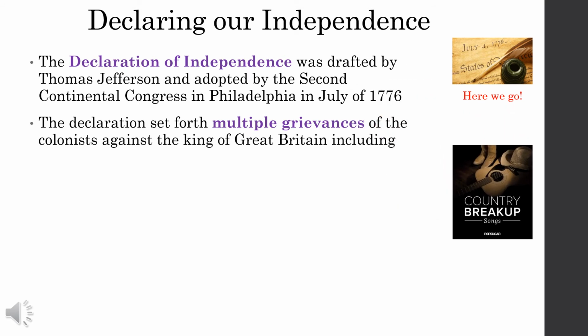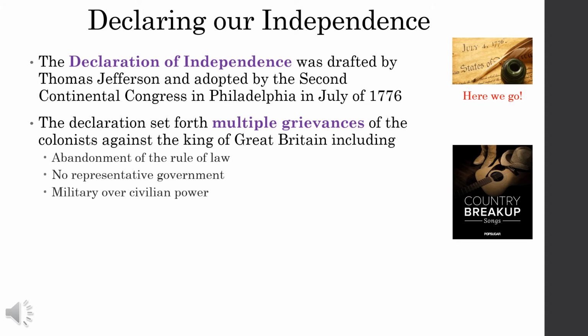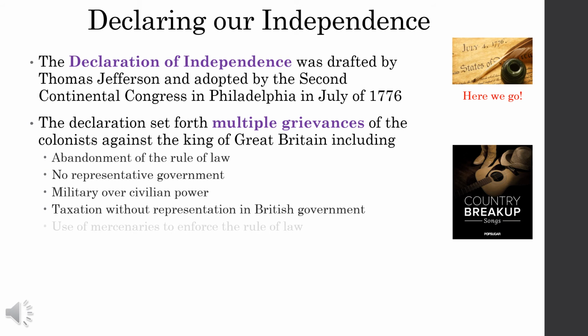Here's what you done did to me, King of Great Britain. You abandoned the rule of law. There's no representative government. The military is taking over the civilian power. We have taxation without representation in British government. You won't even let us send anyone over there to represent our rights in Britain, even though we're paying you money. You're using mercenaries, people who are not even part of the government, to enforce the rule of law.